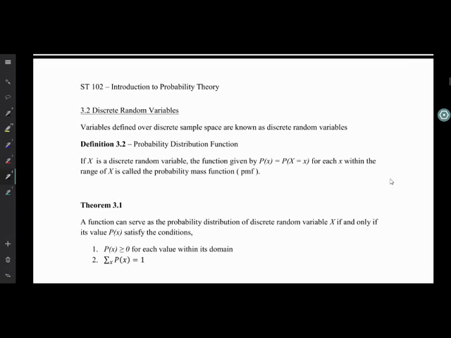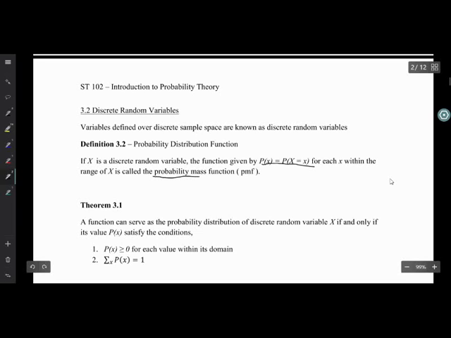The variables defined over discrete sample space, that means they can contain only whole numbers, are known as the discrete random variables. For discrete random variables, let's define the probability distribution function. Let X be a random variable, a discrete one, then the function given by p(x) for each x within the range of the uppercase X is called the probability mass function.